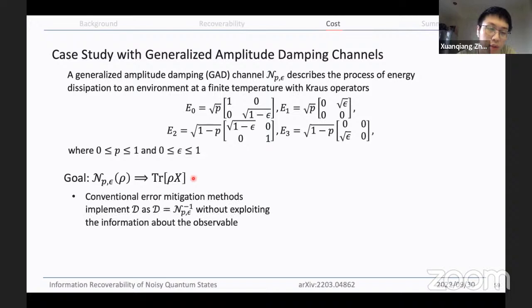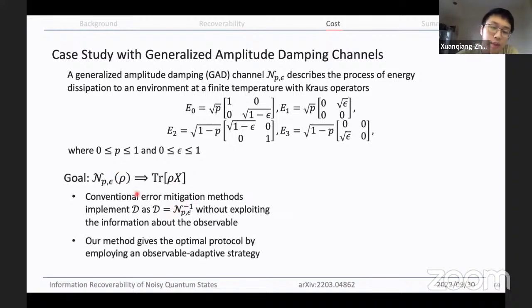One can adopt conventional error mitigation methods, which implement the retriever D as the inverse of the quantum channel. But it does not exploit the information about the observable we have. Our method gives the optimal protocol because it employs an observable adaptive strategy. So it uses the information that we are measuring a Pauli X operator.